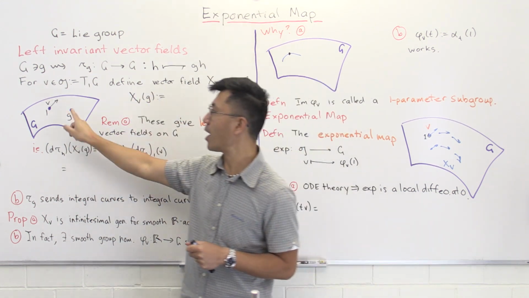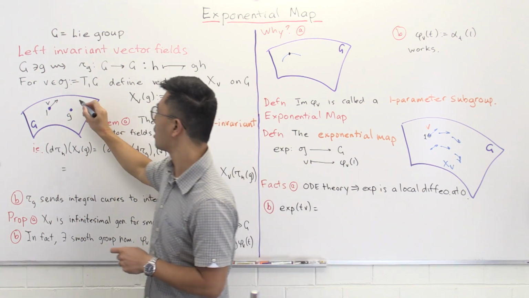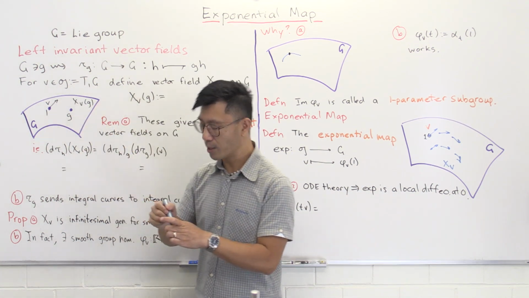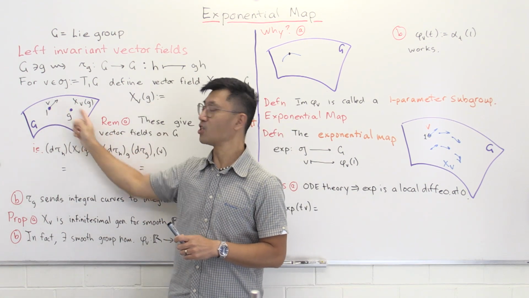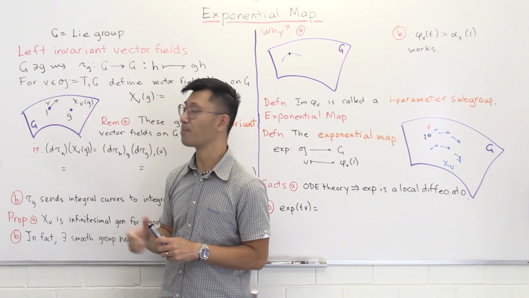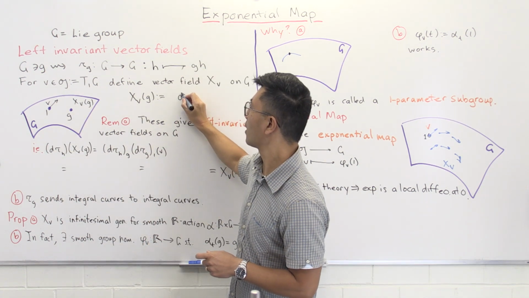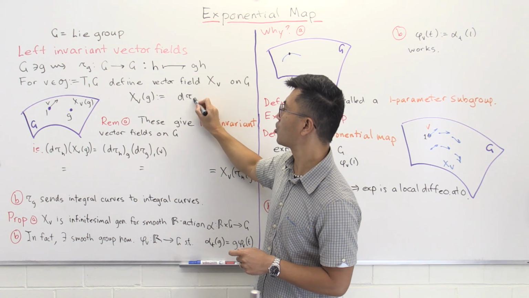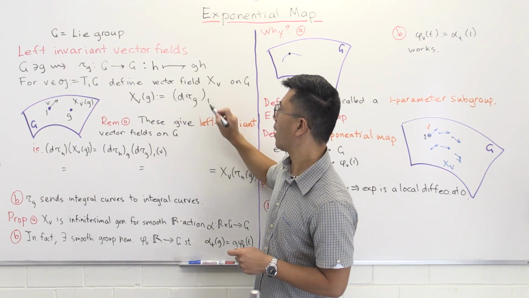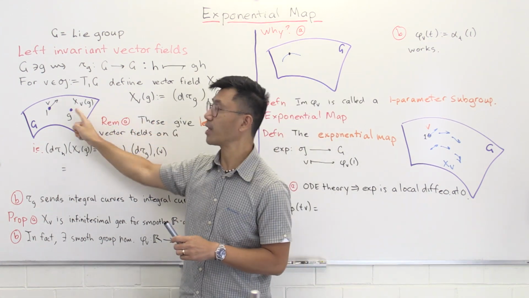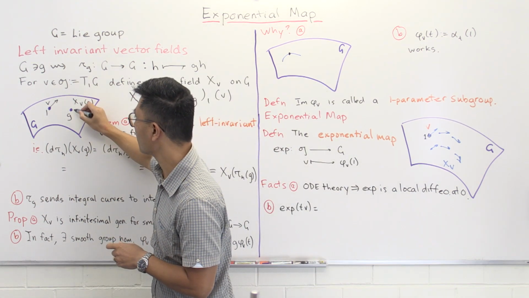And how do we define it at a point like this one here, so that we get an X_v at g? Well, the way we do it is that left multiplication by g sends 1 to g, so it sends the tangent space here to the tangent space there. So we're going to look at the derivative of tau g at 1 and apply that to v, and that'll get us some vector over here like that.